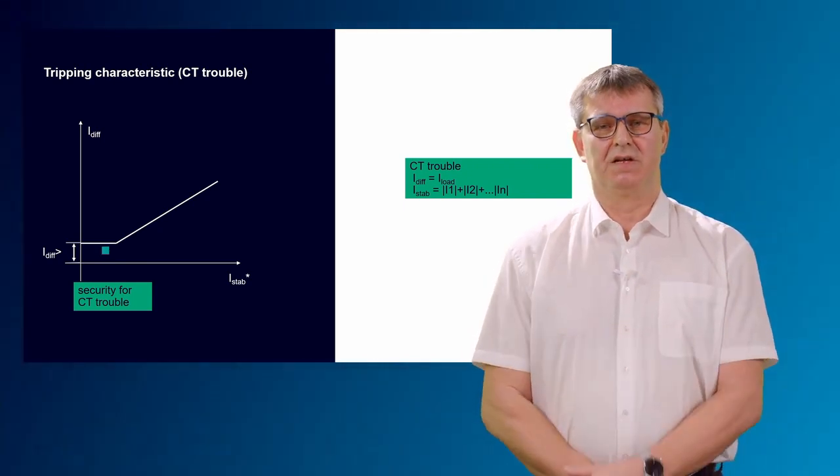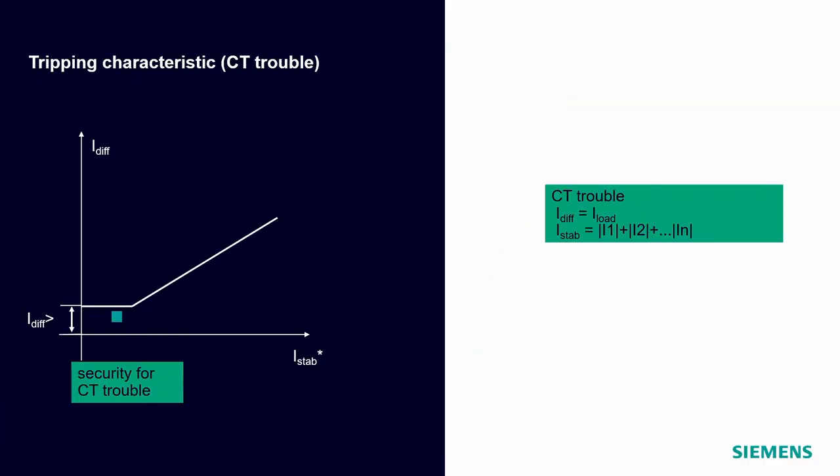So we have here CT trouble, and now we come to one of our most important settings. You see in our characteristic we have the minimum differential current. And the most important setting rule is that the minimum differential current threshold, you see it here in the characteristic, should be higher than the load current of the feeder or of the coupler with the highest load current.